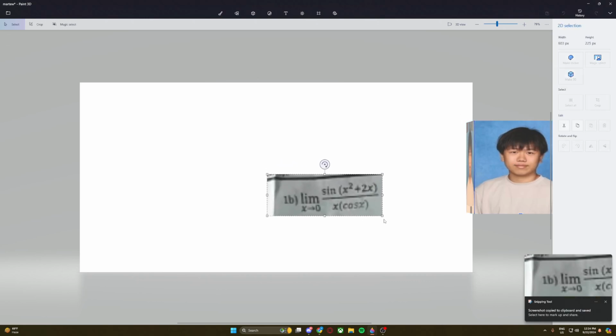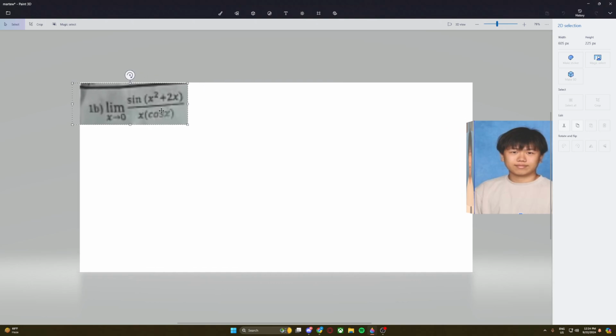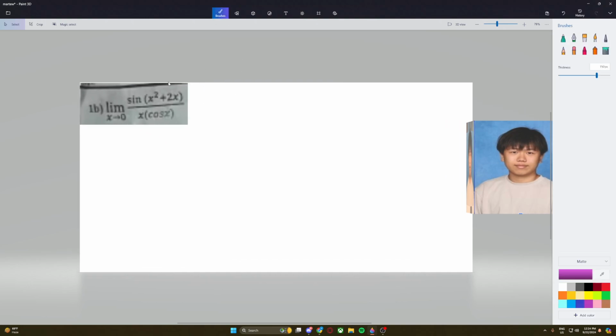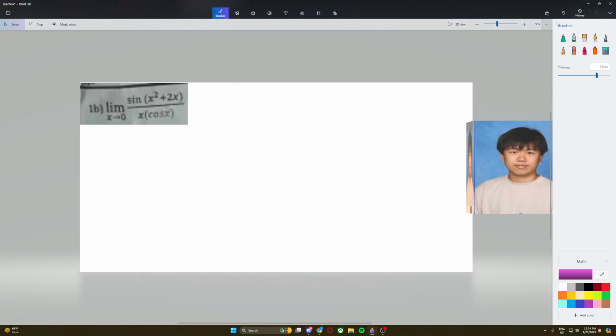Our next question is this right here. Okay, so this problem, limit as x goes to 0 of sin of x squared plus 2x, over x cosine x.